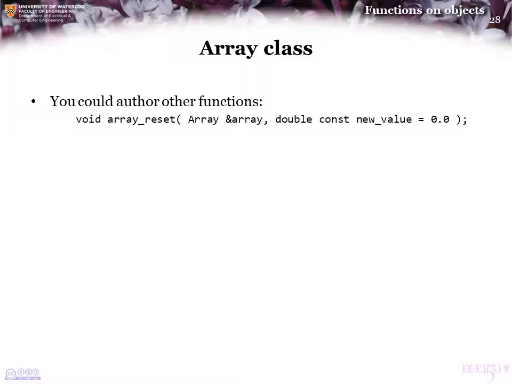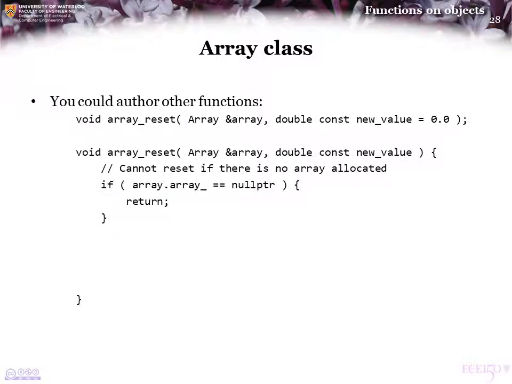We could have other functions, such as array reset. This takes an array and is going to assign to each of the entries of the array a new value, which has a default value of 0. So, in this function, of course, we do have to be careful, just in case the user passed us an array where the array member variable is null pointer, then there's nothing for us to do.